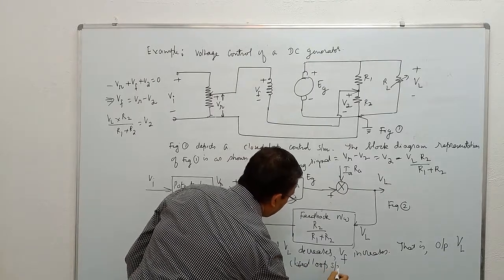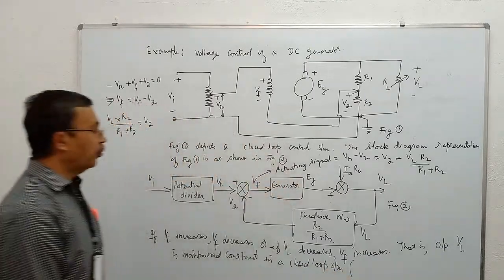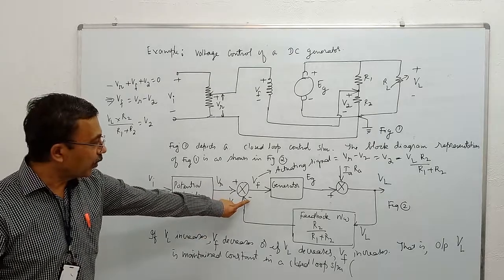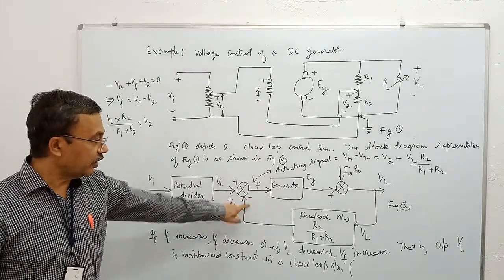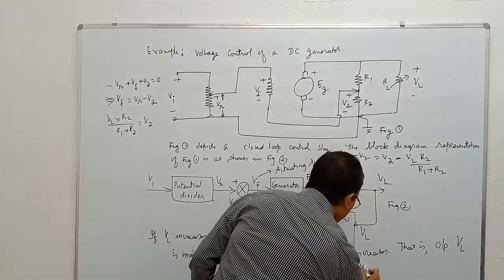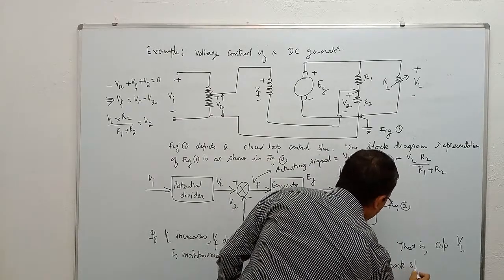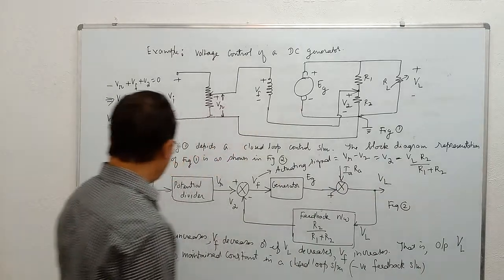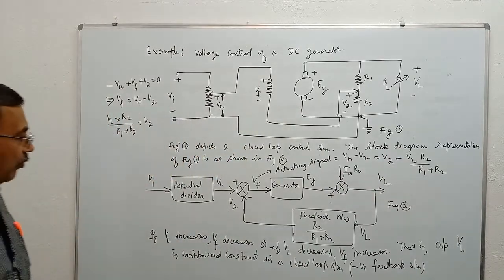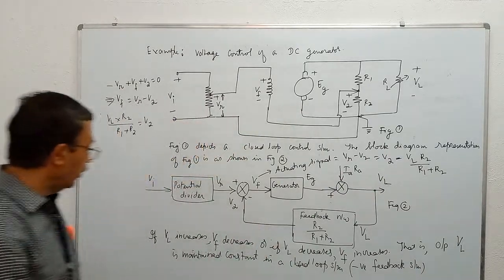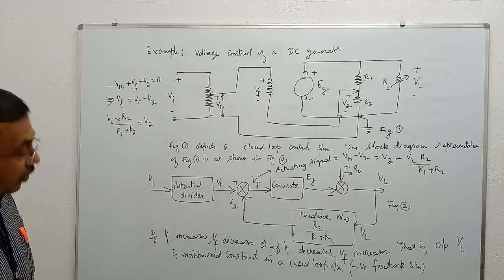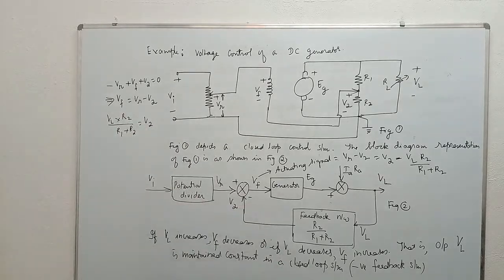Closed loop system is also called a negative feedback system. Negative feedback because of this minus sign. If VL increases, Vf decreases, or if VL decreases, Vf increases. That is, output VL is maintained constant in a closed loop system.